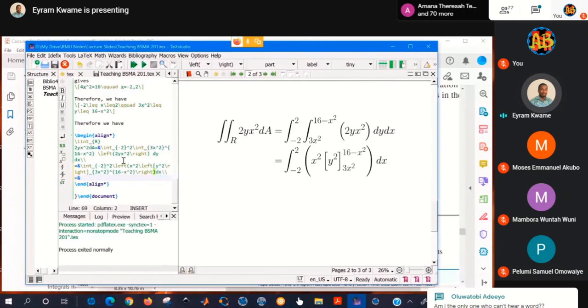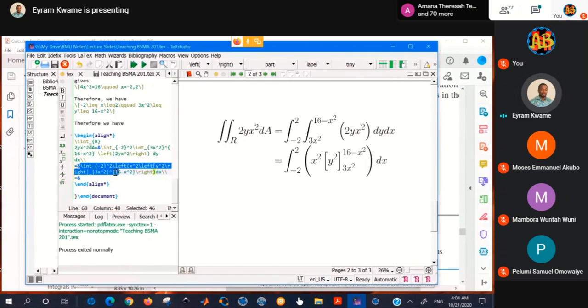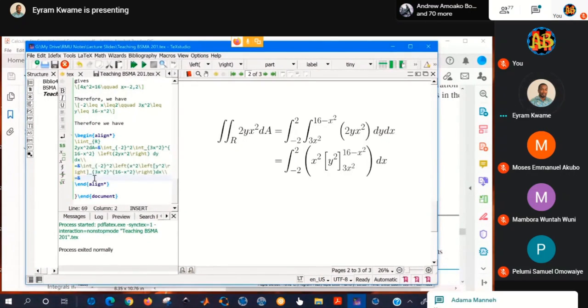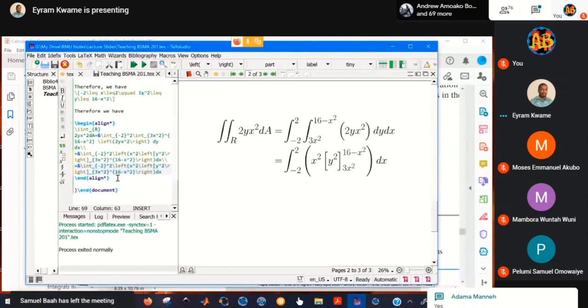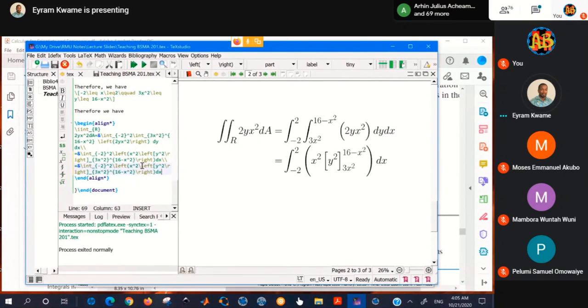And then this gives me this integral. So I'll copy the integral and then just evaluate.